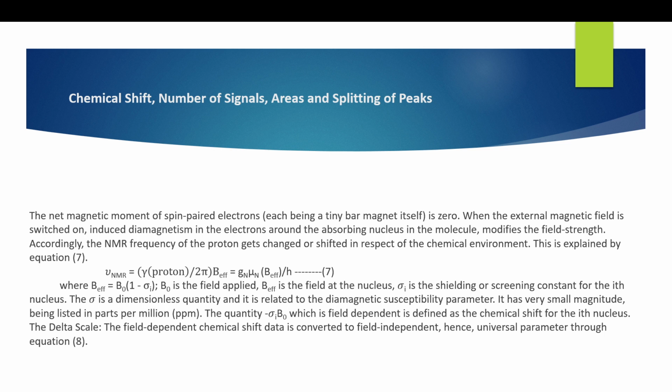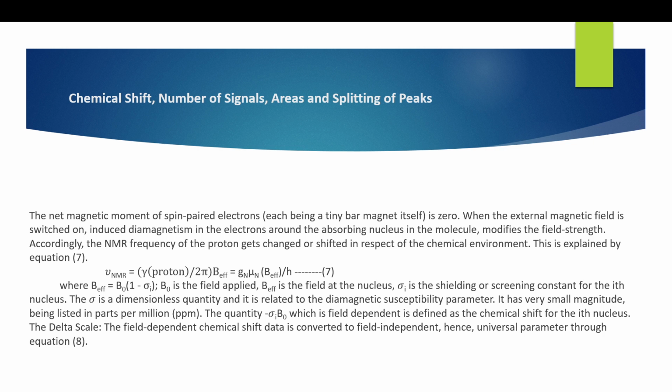The equation very clearly shows this. The field reaching the nucleus, that is B effective, is the applied field B0 minus σ multiplied by B0. Here σ is called the shielding constant, a dimensionless parameter somehow related to the diamagnetic susceptibility of the molecule. And this makes NMR the most important tool.